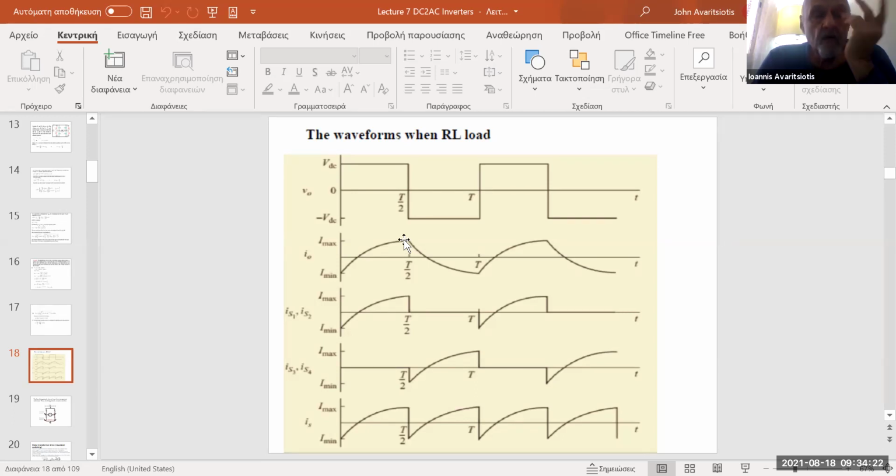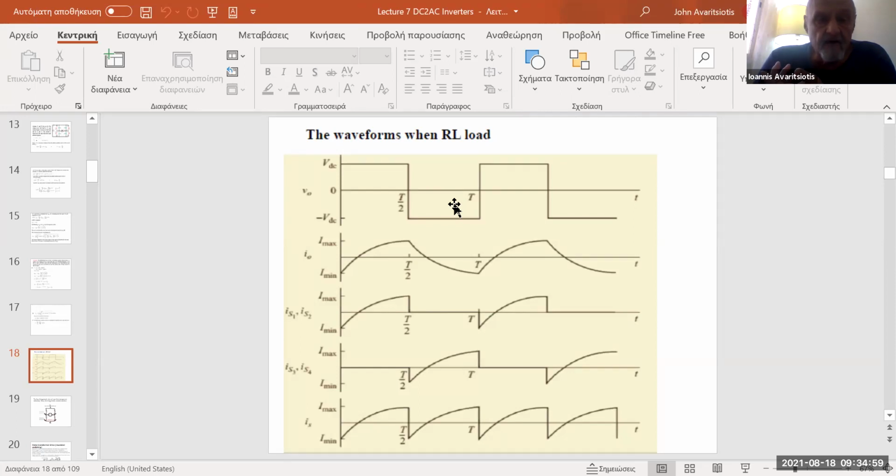And then when we have changeover of the switches, in other words, switches T1 and T2 are off, open, and switches T3 and T4 are on, closed, then you expect the load current to decrease again exponentially, given that the voltage across the RL load has been reversed.